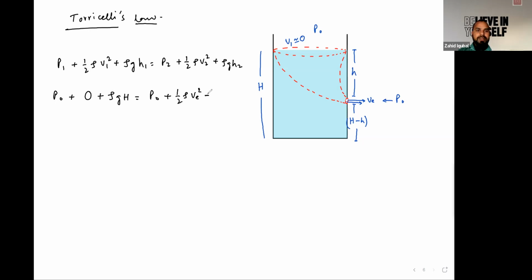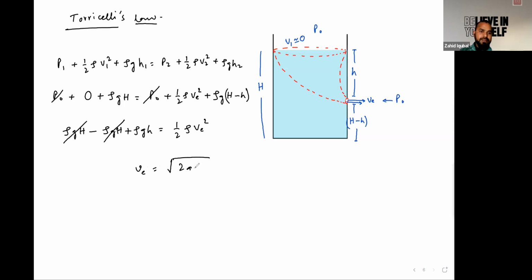Half rho V square and rho g capital H minus small h. This part and this part will cancel out. Move this term to left side. So you'll get rho gH minus rho gH plus rho g small h is equals to half rho VE square. This part and this part will cancel out. So on solving, you will get velocity of efflux is equals to root 2gh.